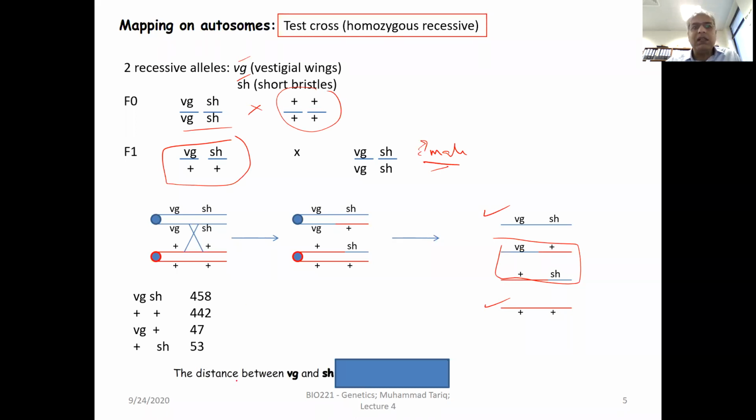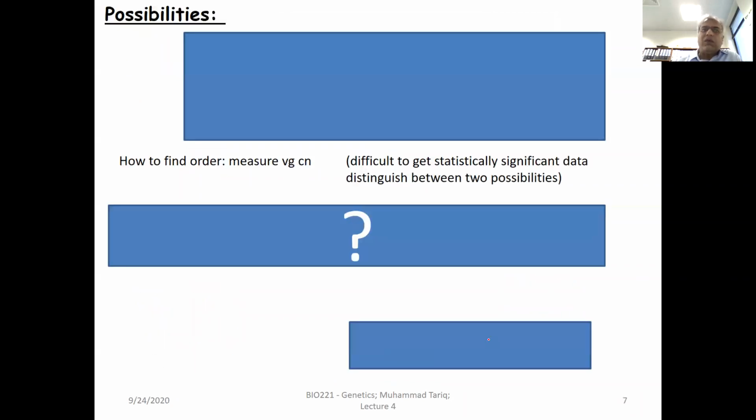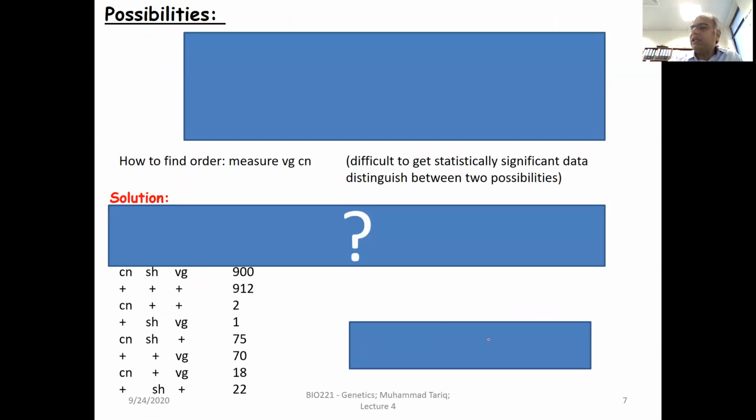What is the distance between vestigial and short? You go and calculate similarly for short and cinnabar. Going through crosses, you get the recombinants. So what is the distance between short and cinnabar? And then if you want to see the distance between all three, you have the progeny of the trihybrid cross.